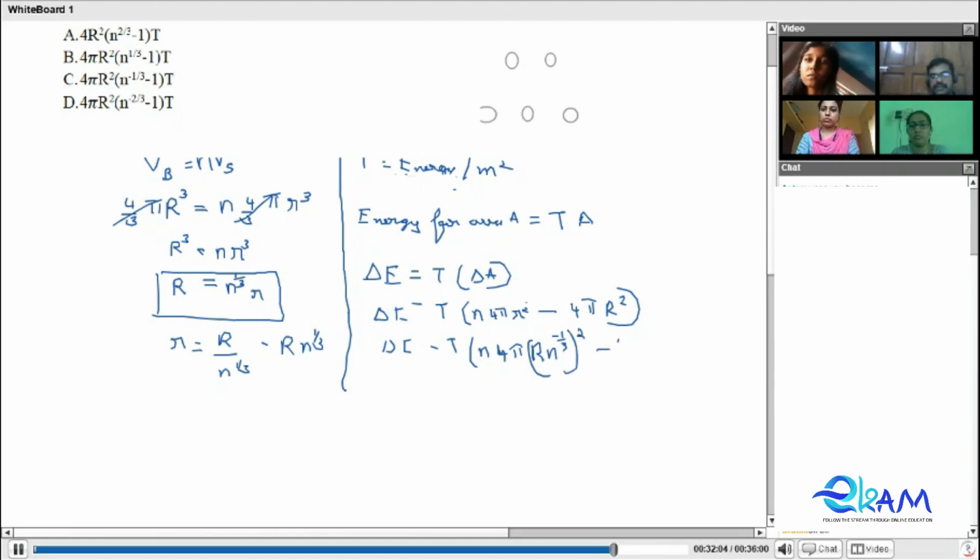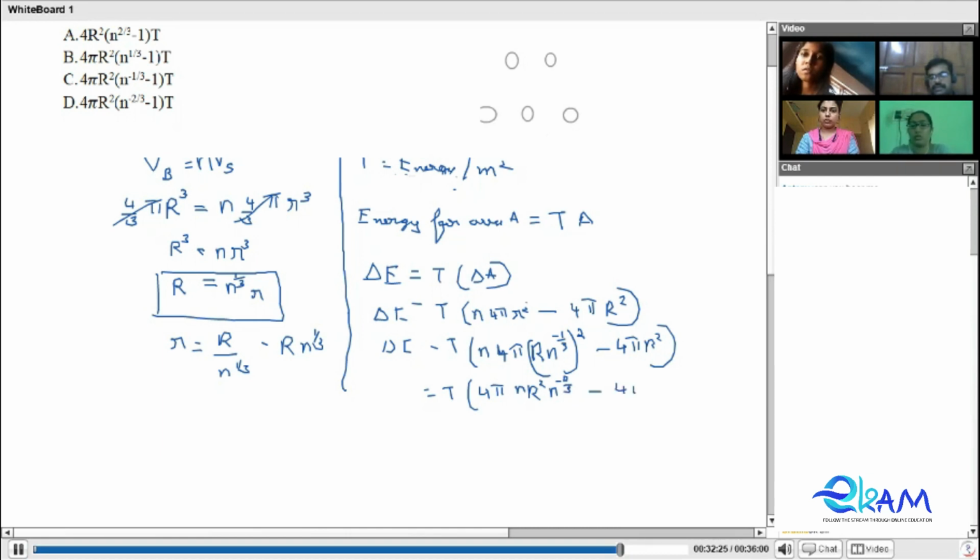Clear? Now only simplifying is needed to get the answer. I am writing 4 pi n here and R square n raised to minus 2 by 3, minus 4 pi capital R square.